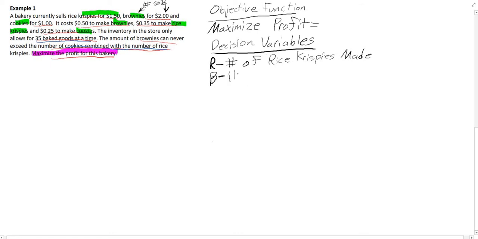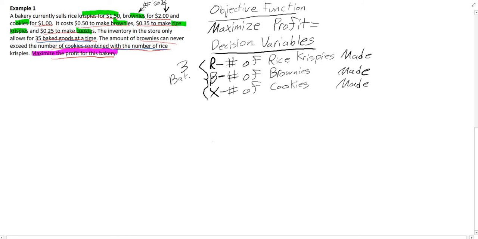So now we're going to define B as the number of brownies made. And then now we are also going to define X as the number of cookies made. So now we've defined the three things under the control of the bakery, the 3 baked goods. Now we also need to know that these 3 baked goods cannot at the moment define what profit is.